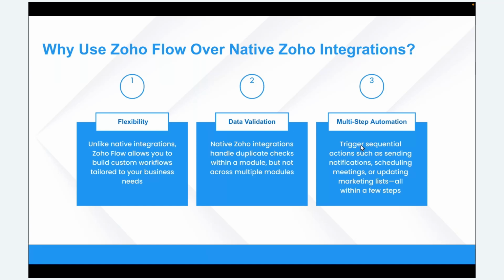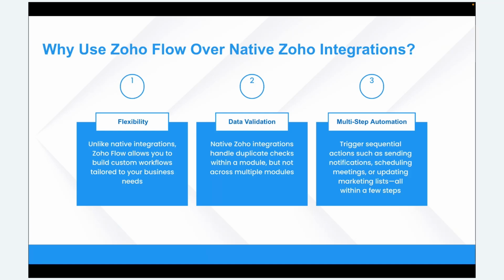Zoho Flow not only creates records and checks within a module, it checks across multiple modules by creating conditional workflows. It also helps us create more complex workflows that trigger sequential actions. For example, if you would like to run drip campaigns, you can use Zoho Flow to send notifications, schedule meetings, update your marketing list, etc. That can be done using Zoho Flow.